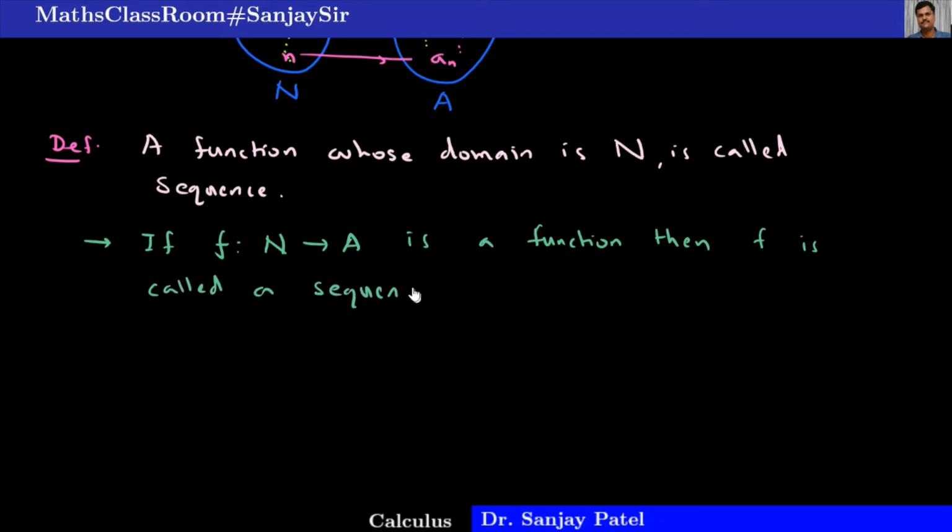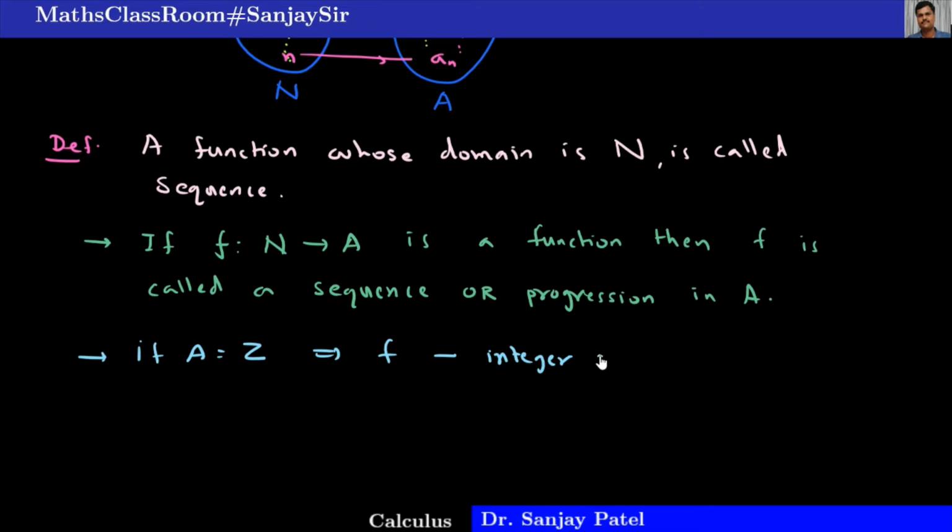F is called a sequence in A, or it is also known as a progression in A. According to the set A, the sequence is called the sequence of integers or sequence of real numbers, like that. So if A is equal to Z, then f is called an integer sequence or sequence of integers.